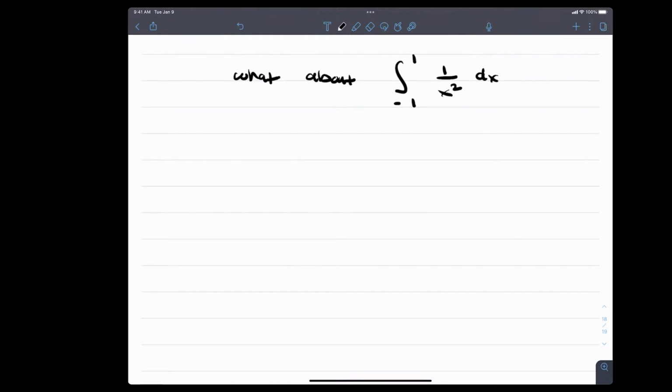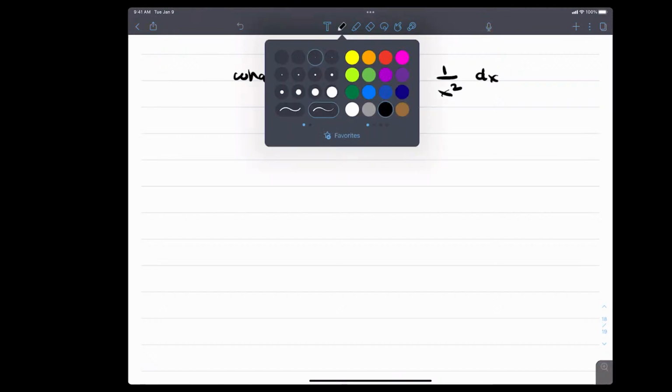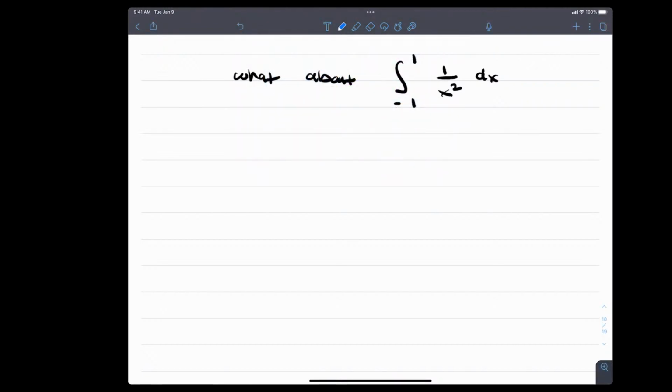This function is continuous. Well, let's rephrase that. Our function is continuous at the endpoints, but it is discontinuous where? Yeah, at 0. So it's discontinuous at x is 0.